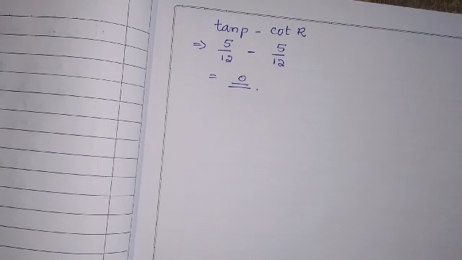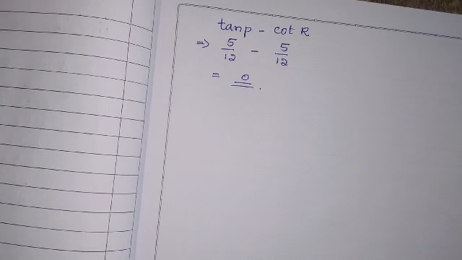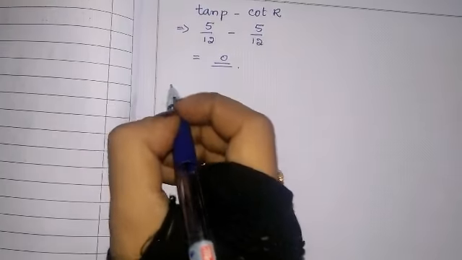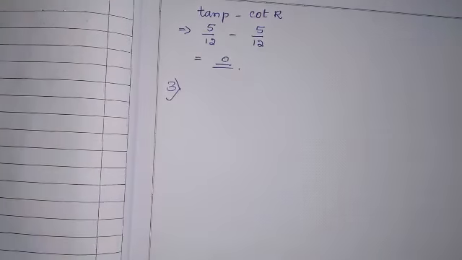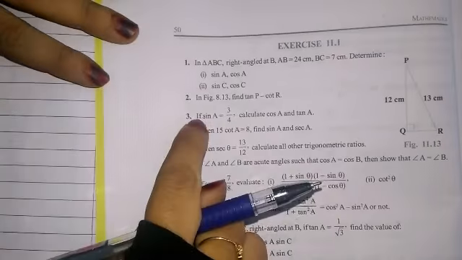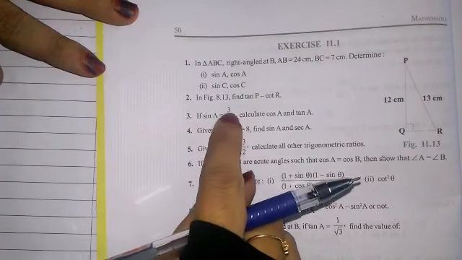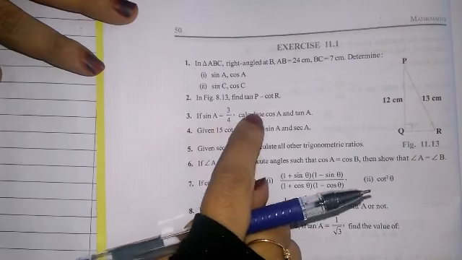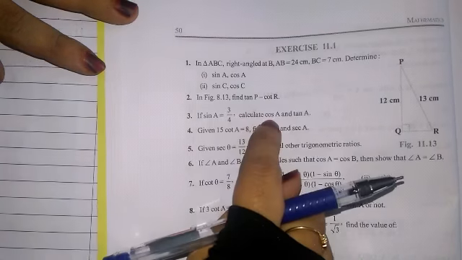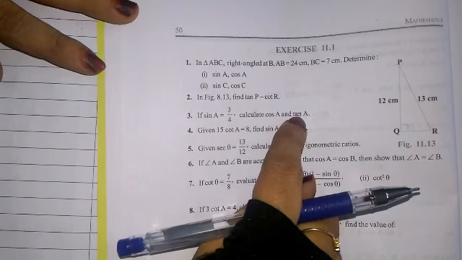Now let us go for the third question. Let me see the third question now. If sin A is equal to 3 by 4, calculate cos A and tan A. They didn't mention anything else.